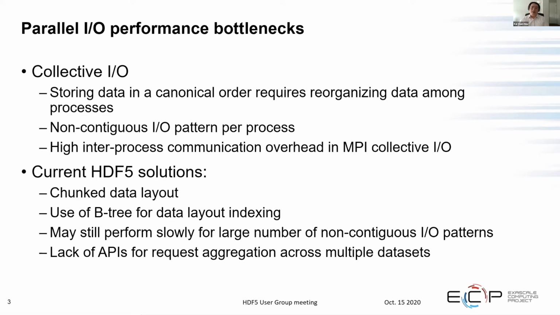Currently, HDF5 provides a chunked data layout that somewhat reduces this issue, but it requires the use of a B-tree for indexing, and we still observe less than ideal performance on applications that generate a huge amount of such non-contiguous I/O pattern.